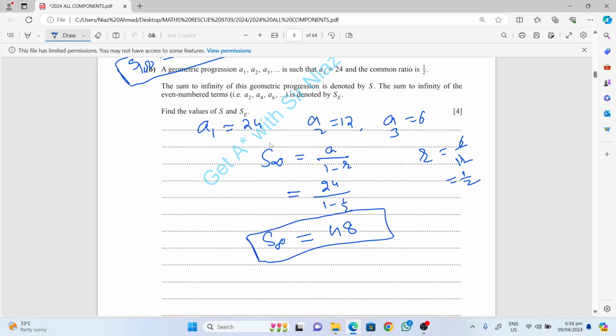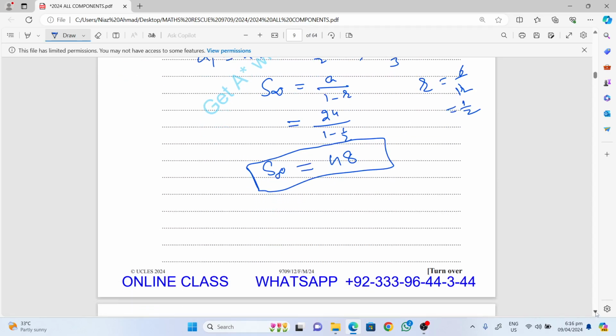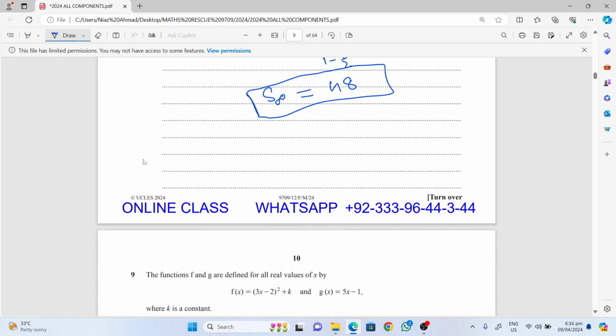Sum to infinity for the sequence e. For e, the first term is 12.